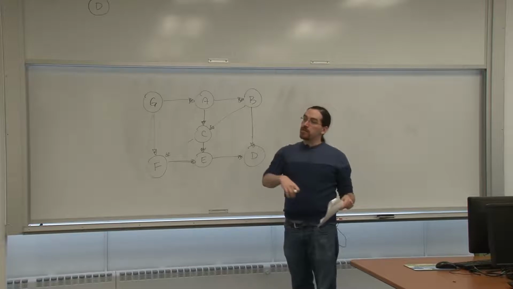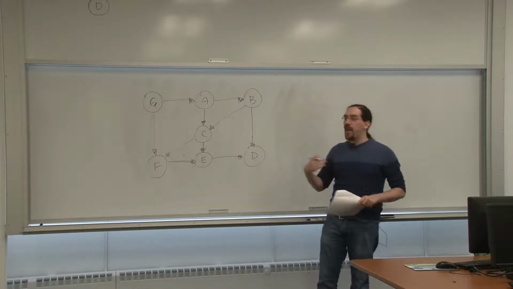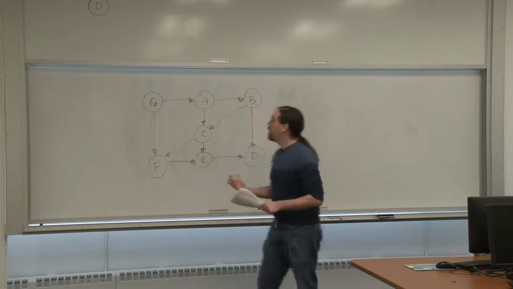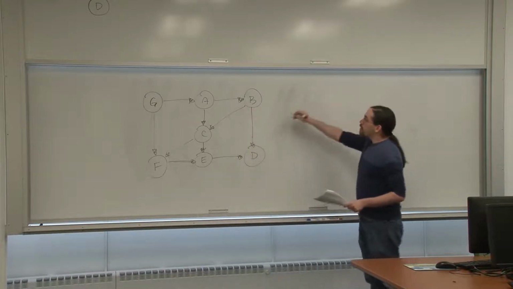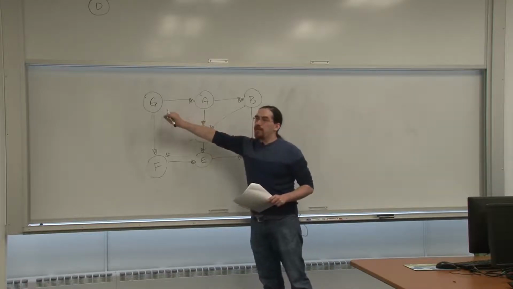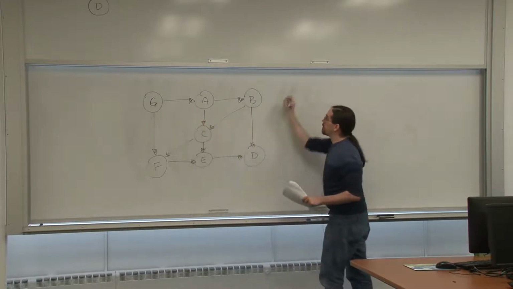So the first node in our sorted order has to be a node that has no incoming edges, that doesn't have any prerequisites. So with that insight, let's go through our graph here and make an array that counts how many incoming edges there are for each vertex. OK?